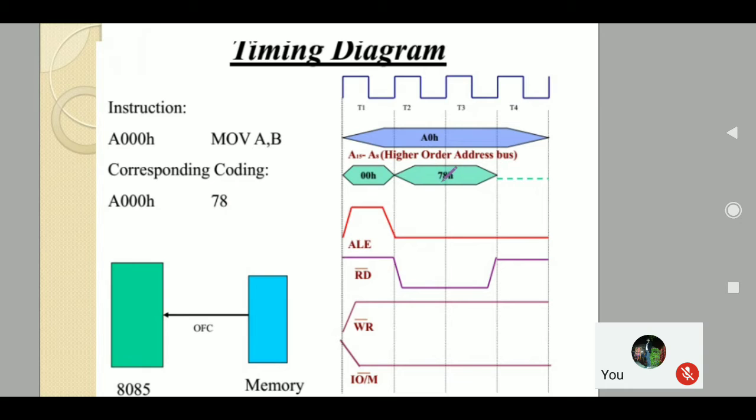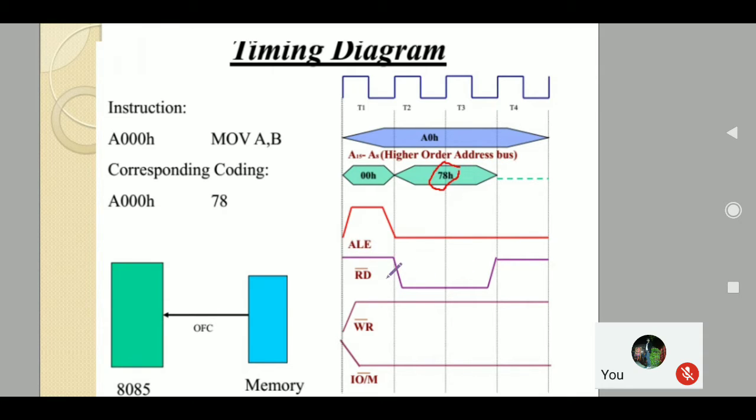I'm going to fetch that particular 78H from memory. When it fetches from memory, why was RD first high here, and then low when we fetch the 78H? Why is this RD bar low here?